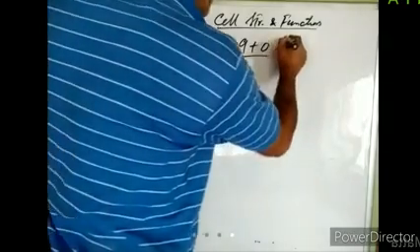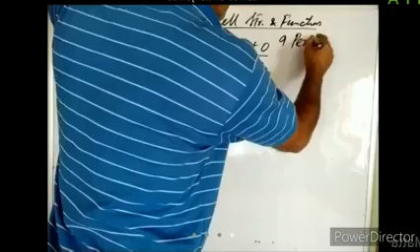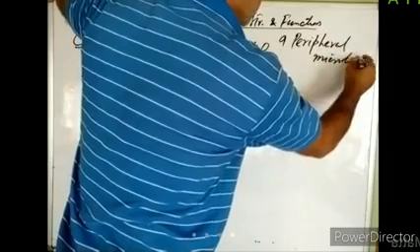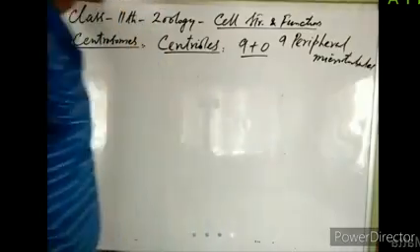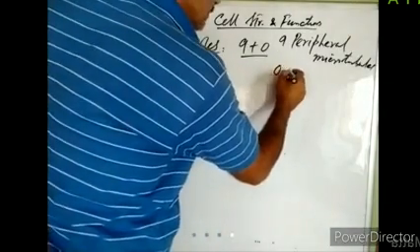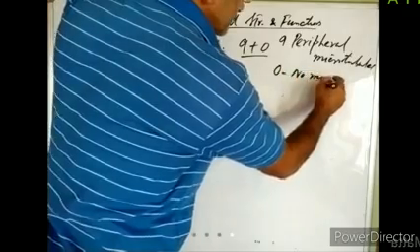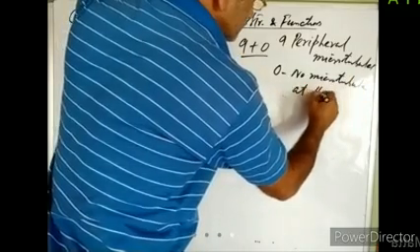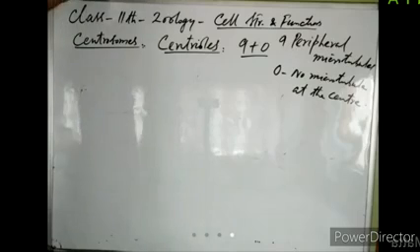That means there are 9 peripheral microtubules, and 0 indicates no microtubule at the center. So centrioles are characterized by a 9 plus 0 microtubular arrangement: 9 peripheral microtubules, and at the center there is no microtubule. That is why we write 0.